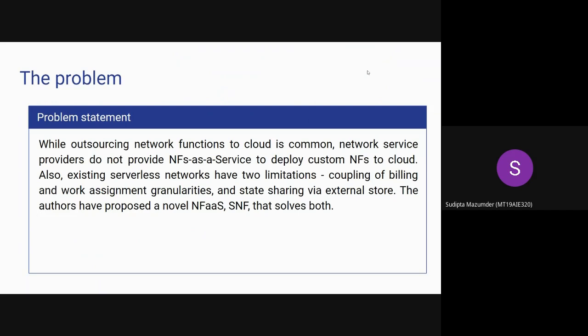Also, current technology is going toward serverless networks, and serverless has two limitations: one, coupling of billing and work assignment granularities, and two, state sharing via external store. So the authors in this paper have proposed a method called SNF that aims to solve both these problems.